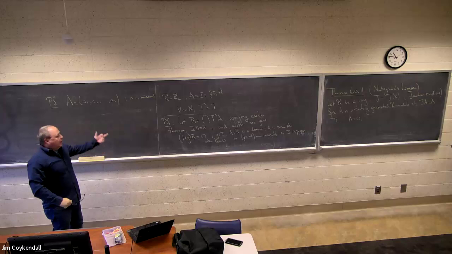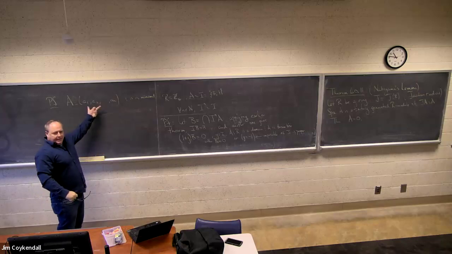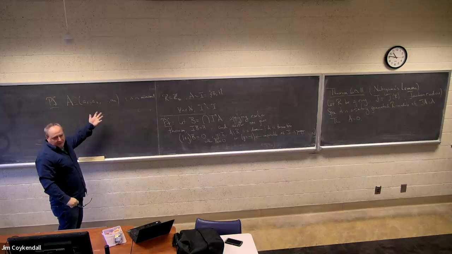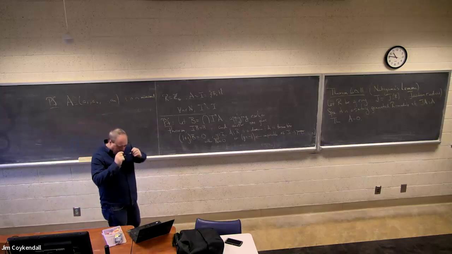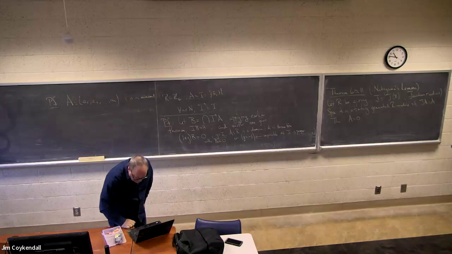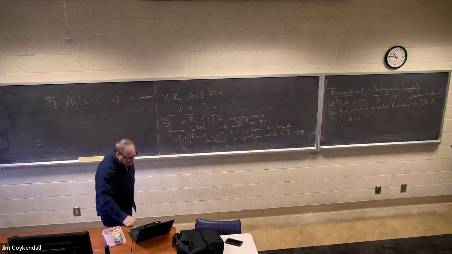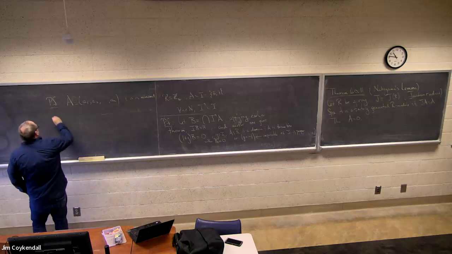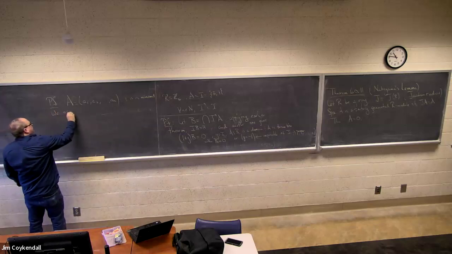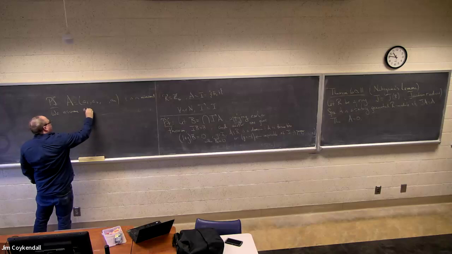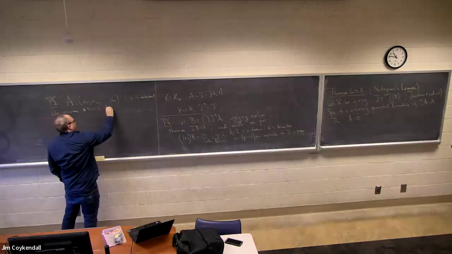So in other words, I suppose A is generated by n things, but cannot be generated by n minus one things. So this is a minimal number of generators we have here. We assume n bigger than zero and derive a contradiction.